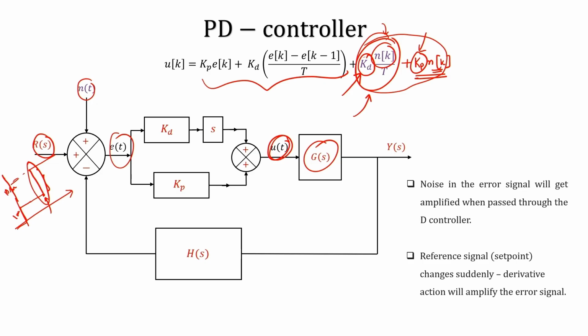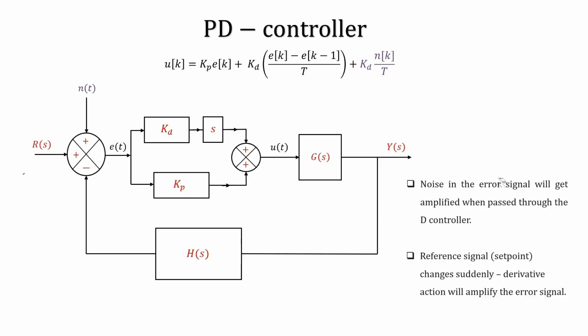That is one of the reasons why the value of D is not generally very high. Whenever you use the value of D, generally it is kept very small, so that it does not affect the noise too much. We have an issue.